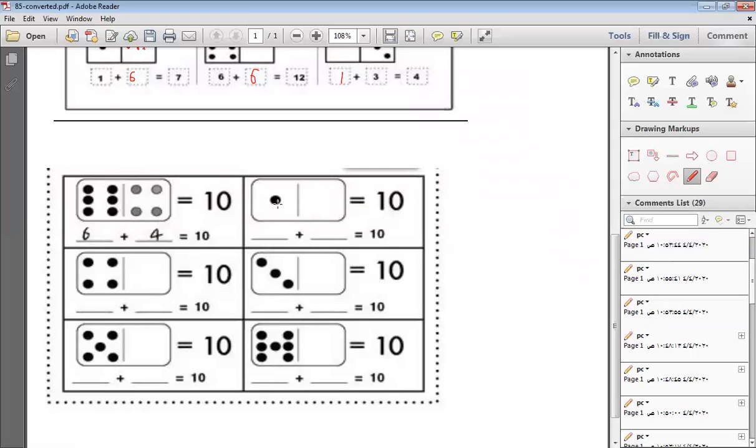Here he has 1 dot and needs this one to be 10. Okay, I will write here 1, because I have here 1 in this board and he needs this one to be 10.